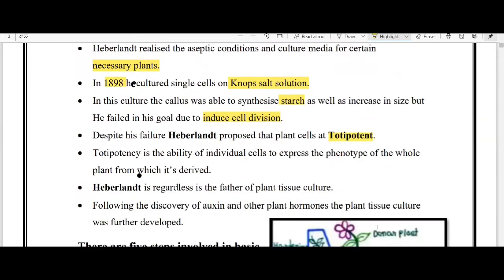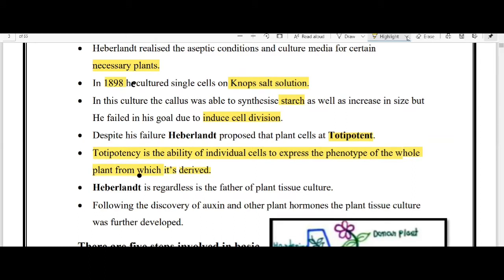So what does this word mean? Totipotency is the ability of an individual cell to express the phenotype of the whole plant from which it is derived. We all know that we propagate plants by vegetative propagation such as cutting, budding and layering. All those we know. But from any part of the plant, we can make a new plant.